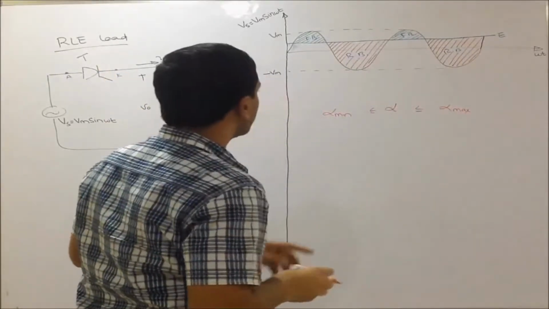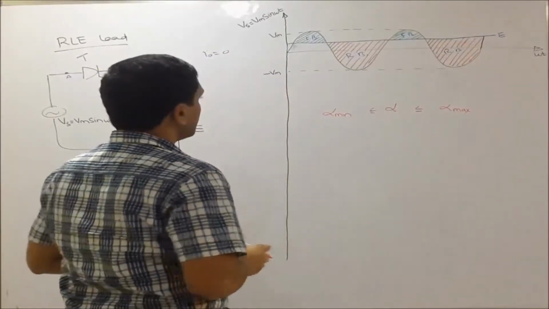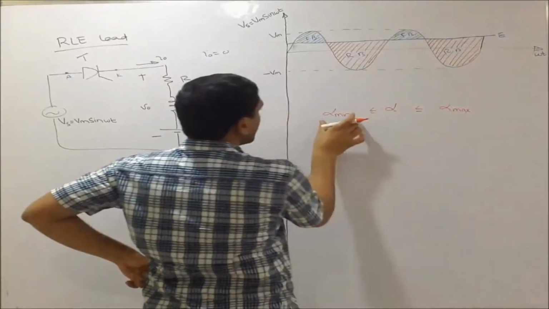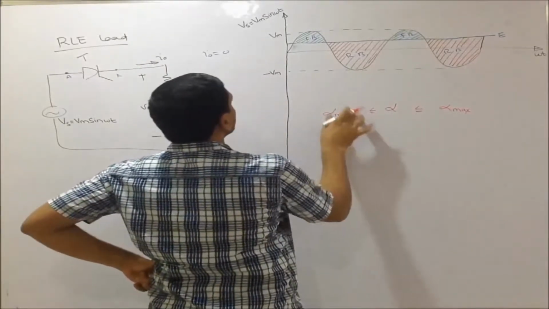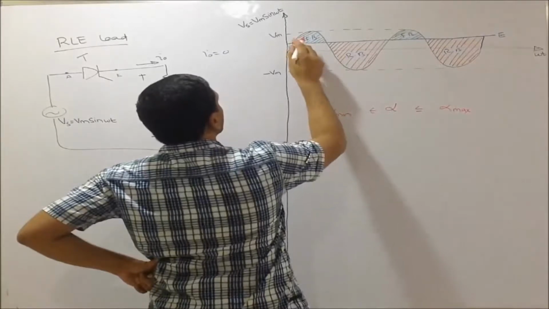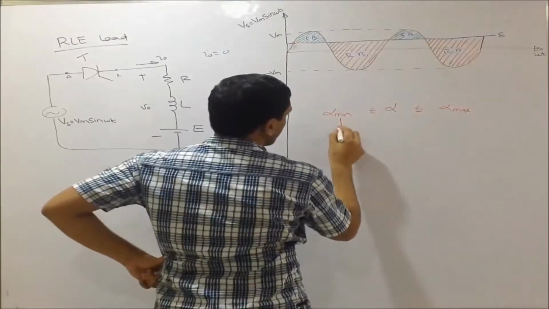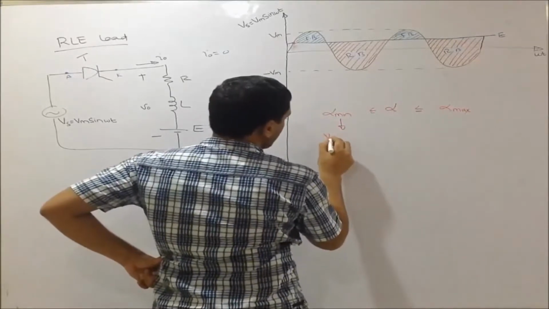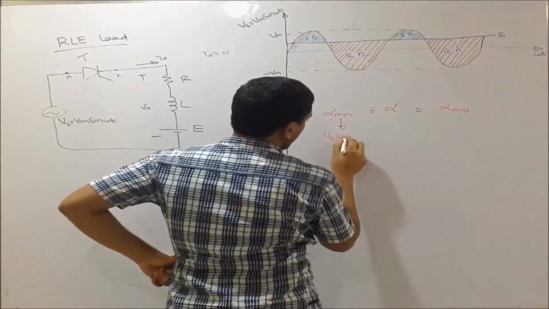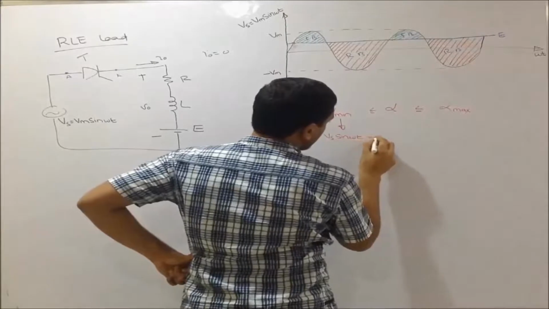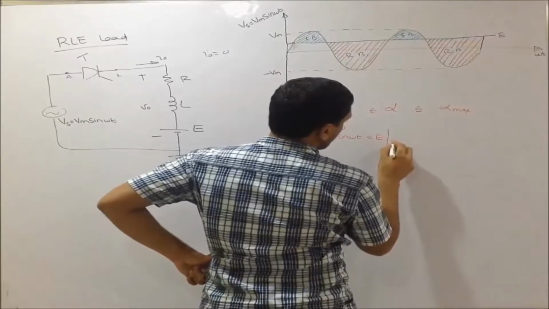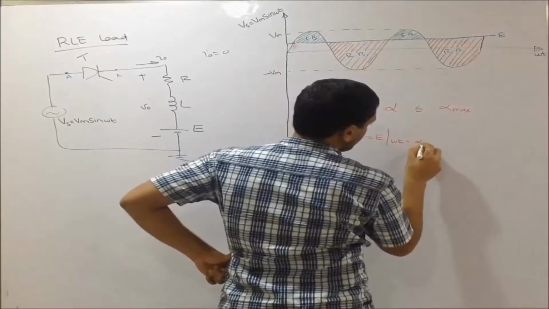The same thing is applicable even for the RLE load. So to obtain alpha minimum, we have to see when Vs value is equal to E. For alpha minimum, Vs sin omega t equal to E. Here omega t is alpha minimum.